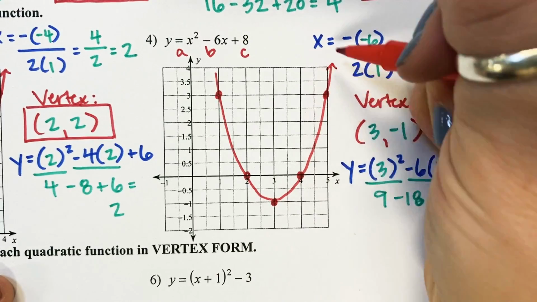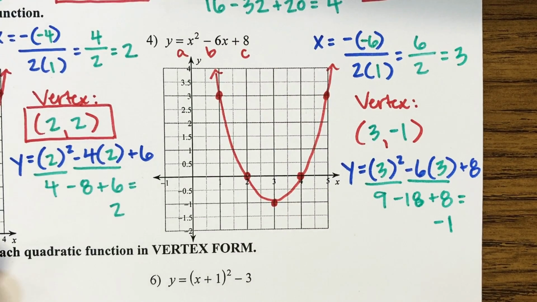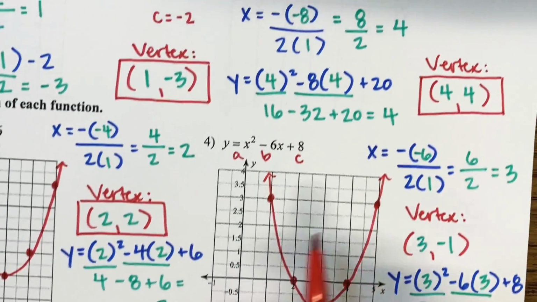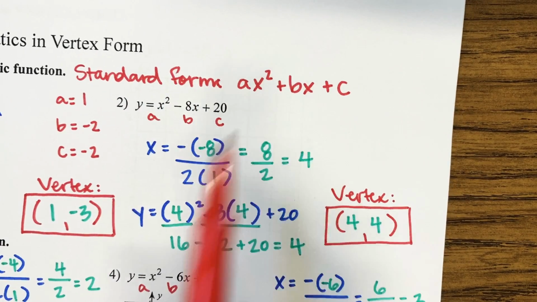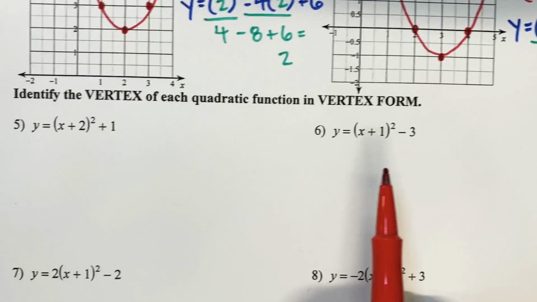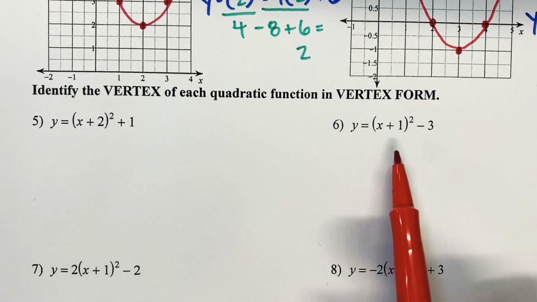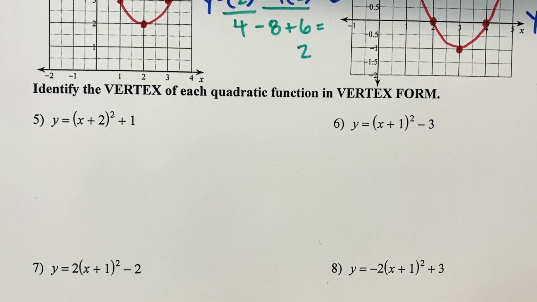And there we go. Okay, so that was graphing and finding the vertex in standard form. Now we are going to find the vertex in vertex form. Okay, give me 1 second. I just want to check something really quick to make sure I do this right.